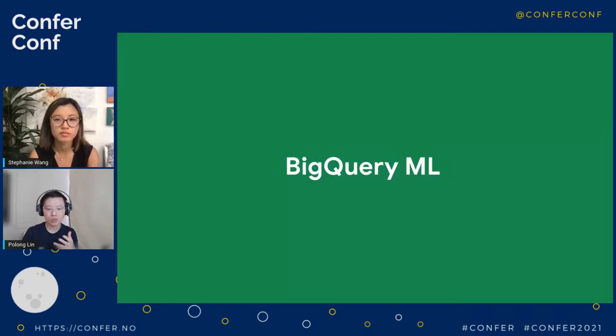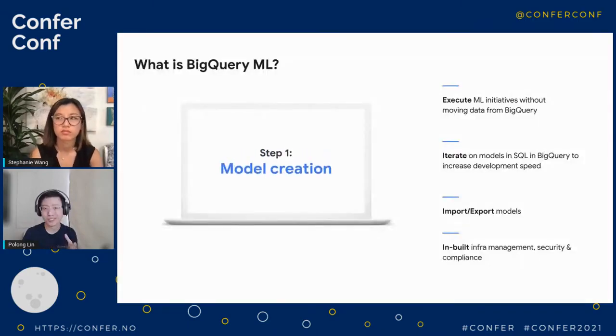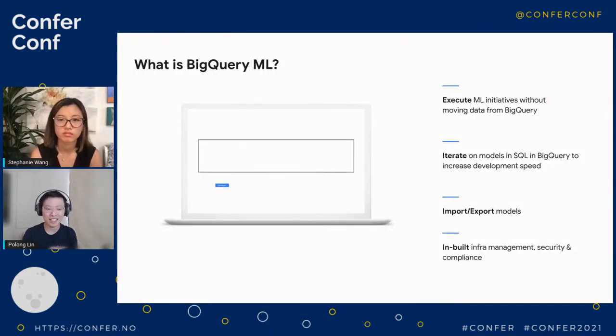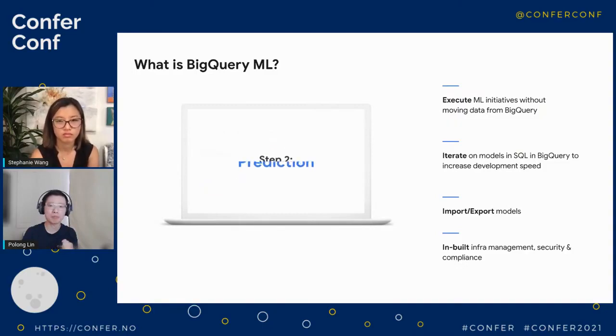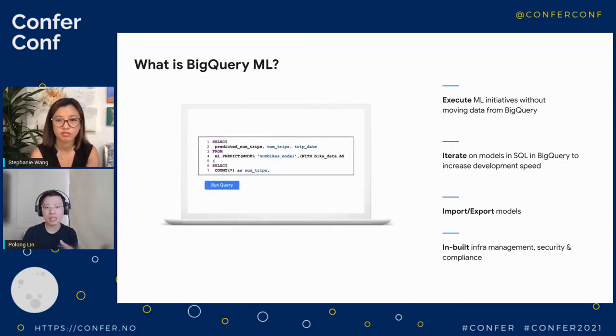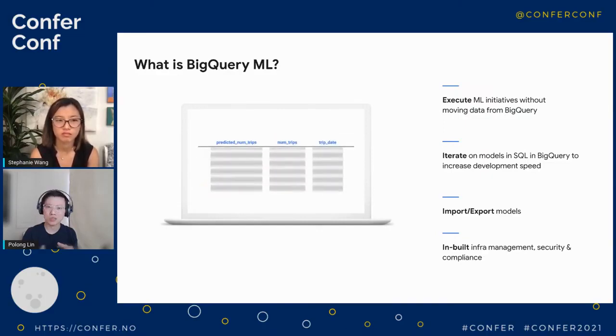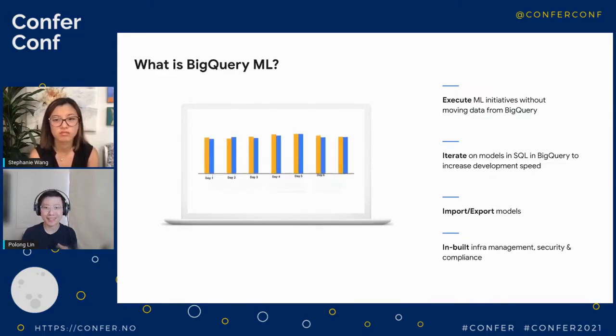BigQuery ML is the machine learning functionality that's built into BigQuery directly. What that means is you can just use SQL to train and deploy machine learning models, including time series forecasting, without having to move your data outside of BigQuery. You don't have to export your data and then try to figure out where all your copies of data are.